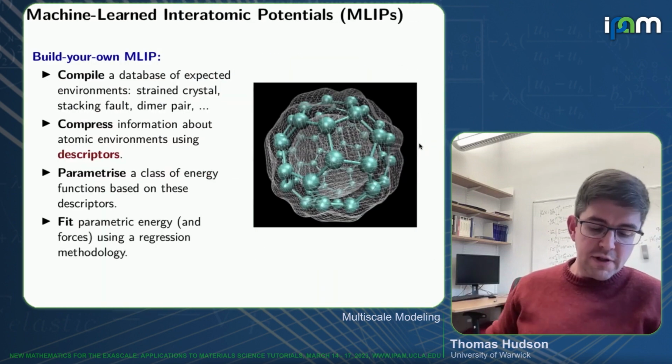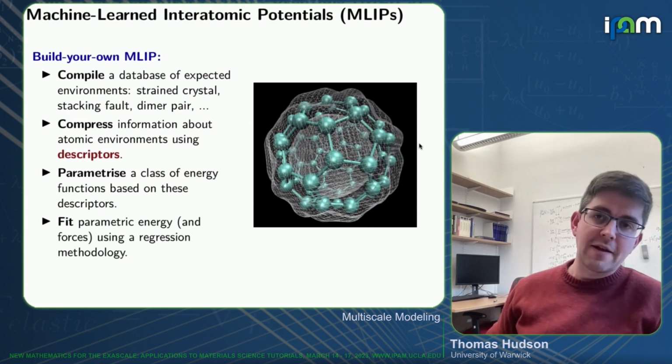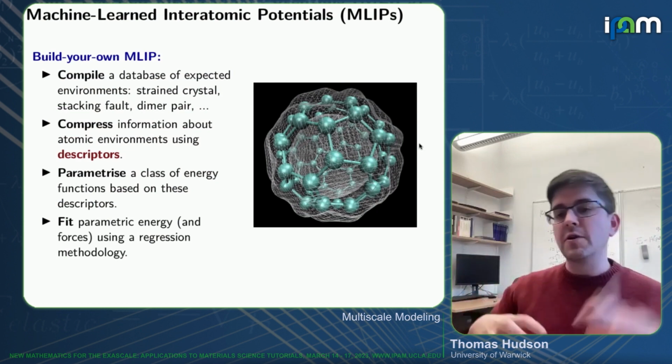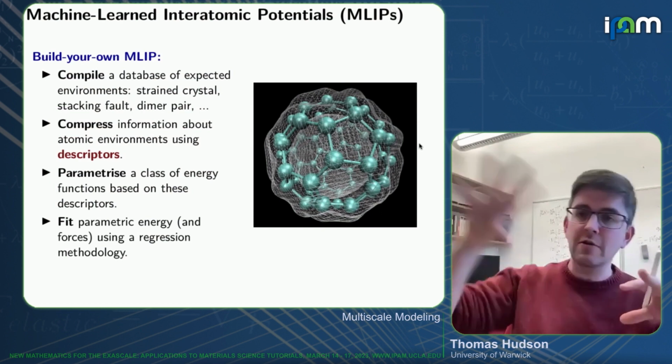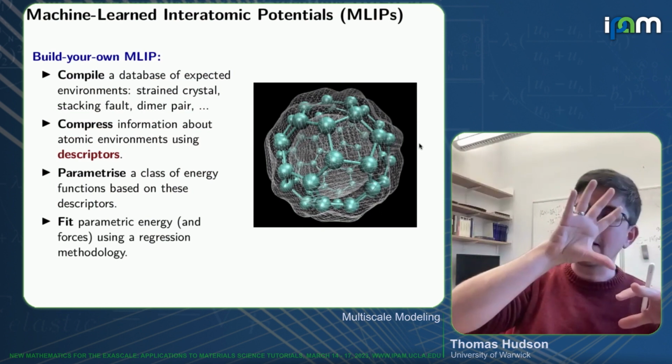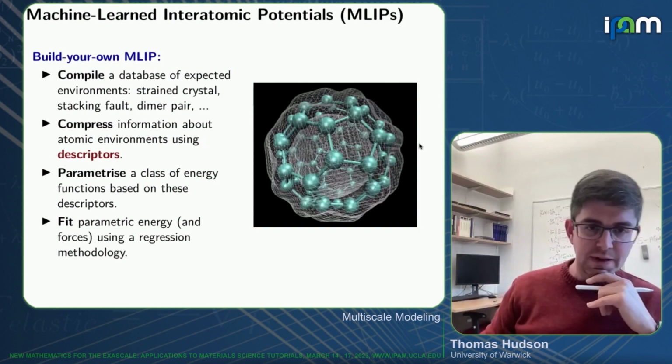And once we've parameterized a class of functions, we also then need to do regression and fit. So given the output of the DFT calculations and the positions we have, we turn the positions into the descriptor, and then we try to do regression on the mapping between the descriptors and the energy and forces that we want out.